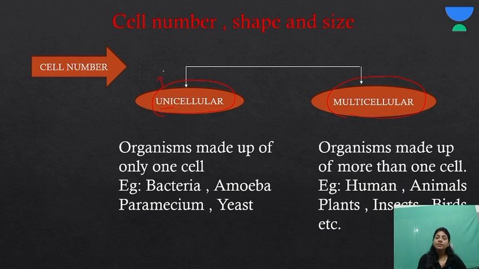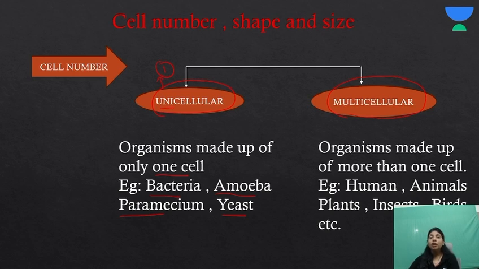Uni itself says one. So, these are the organisms which are made up of only one cell, and all the functions of the body are performed by that cell only. Okay, for example, bacteria, amoeba, paramecium, yeast. So all these are unicellular organisms and their body functions are performed by that single cell only.